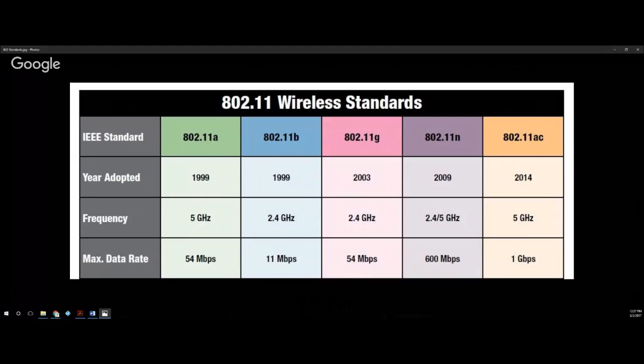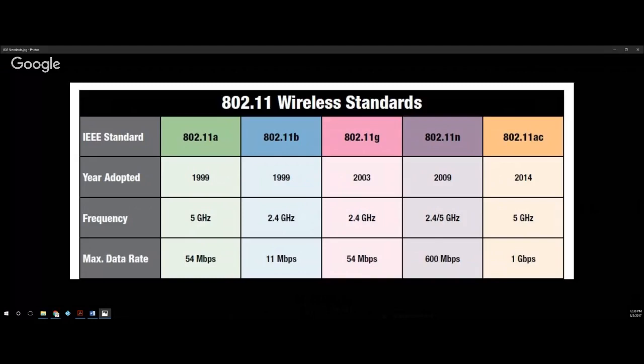And then it's just been crammed into my head over and over again that 600 is the absolute max for N, meaning that anything above 55 up to 600 is going to be the range for the data throughput for 802.11n. Now, anything over 600 is going to be 802.11ac. And I've seen different numbers in different books, and they're all reputable sources.